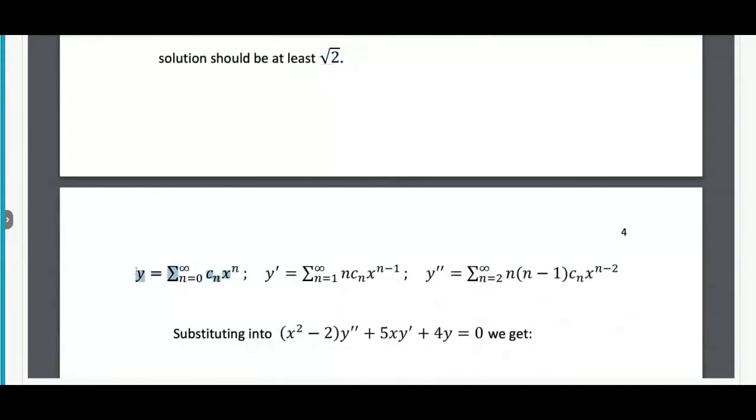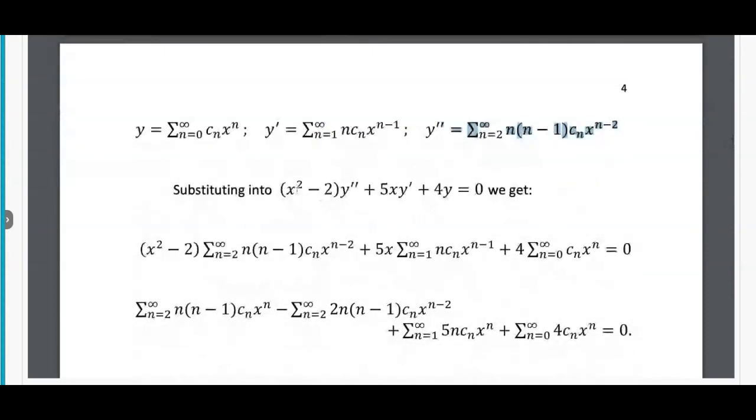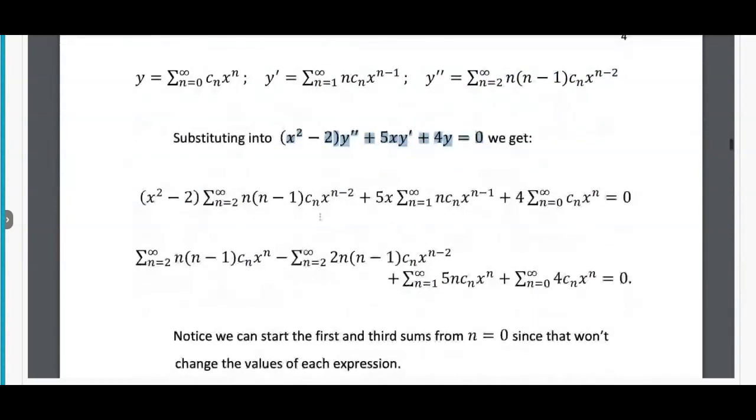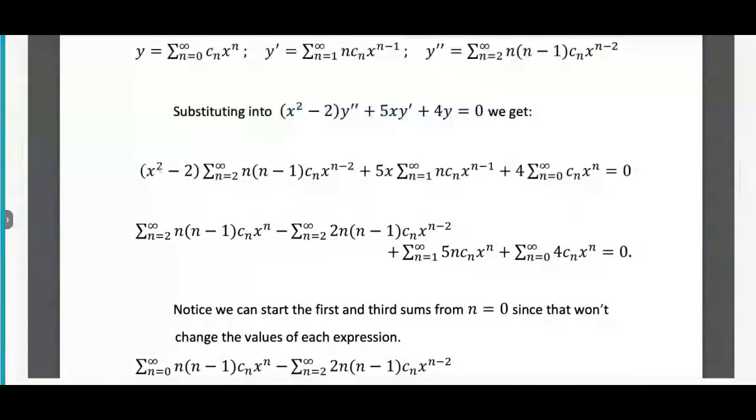So this is for 0, the x value a is 0. So this is y, then y prime power by power, y double prime power by power again. So substitute back into the equation. So we get this.